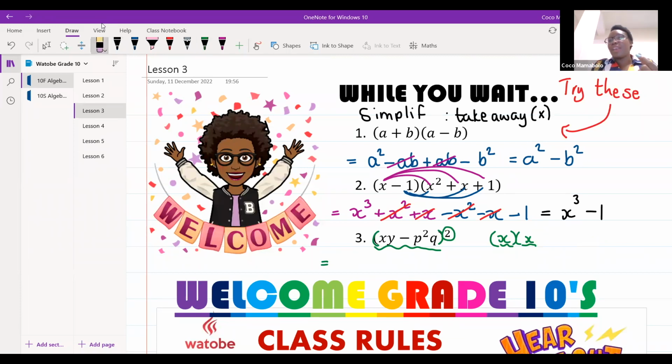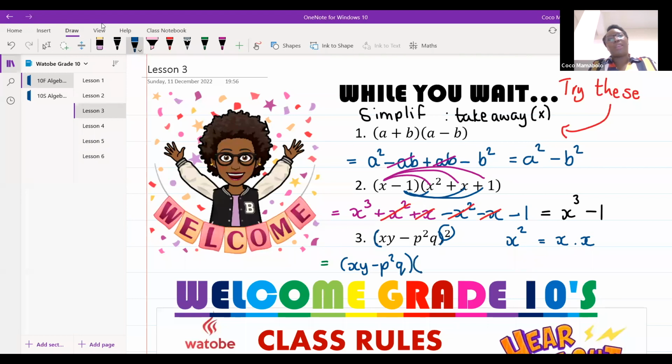If I have x squared, that's x multiplied by itself 2 times. So if I have this whole bracket squared, I'm taking the bracket and multiplying it by itself. So all I need to do is write xy minus p squared q.